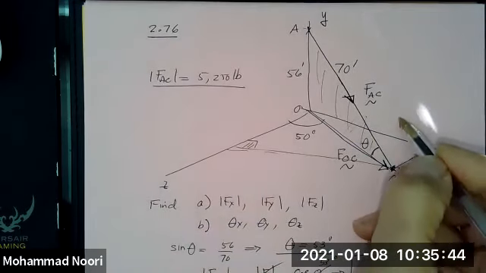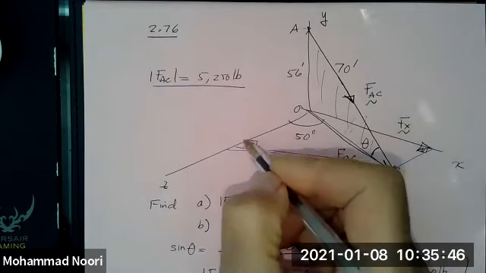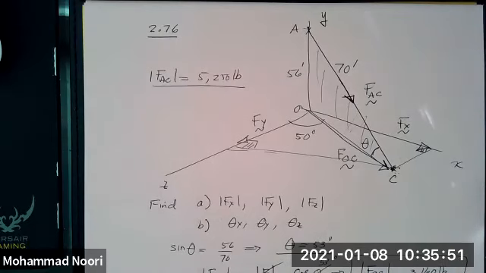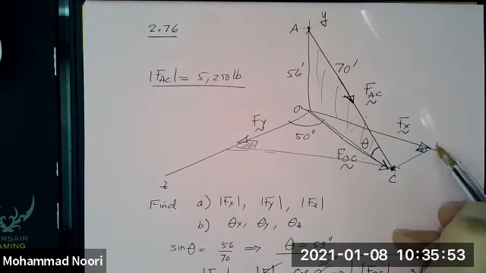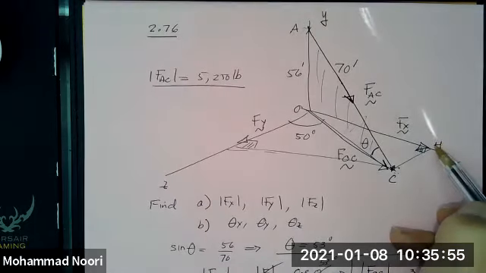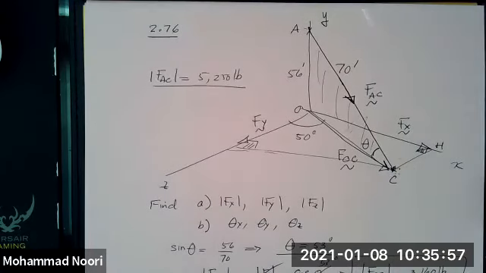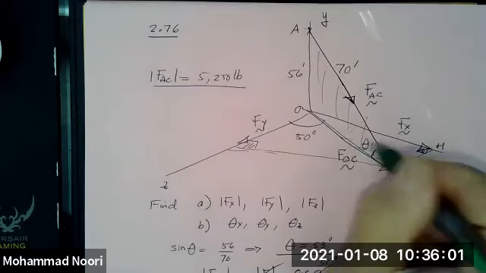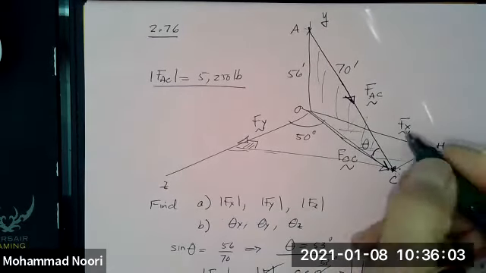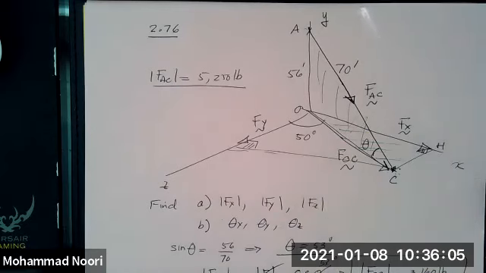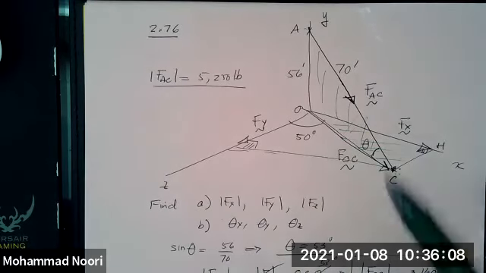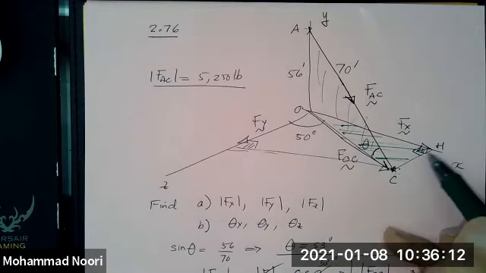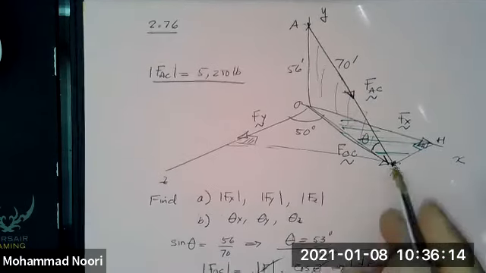This is your F sub x, and this is F sub z. And if I call this, for instance, point H, in this triangle, which is a right angle triangle, you can easily see that.